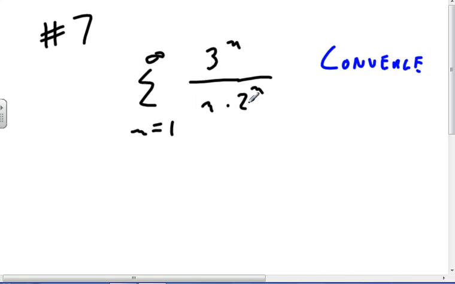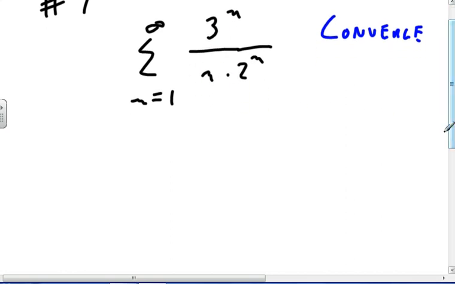But the bottom is 2 times 2 times 2 times 1 times 2 times 3 times 4 times 5. So at some point the factor is going to be times 6, times 10. There's going to be some point where the one on the bottom is going to win, I think. Yeah, it has to be.